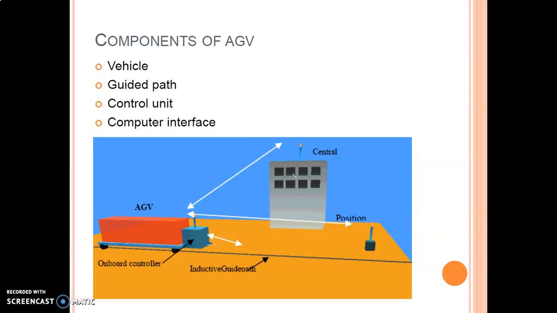So the operator or the computer can control this AGV along the guided path. It's a simple arrangement, you can see, and it has 3 to 4 parts.